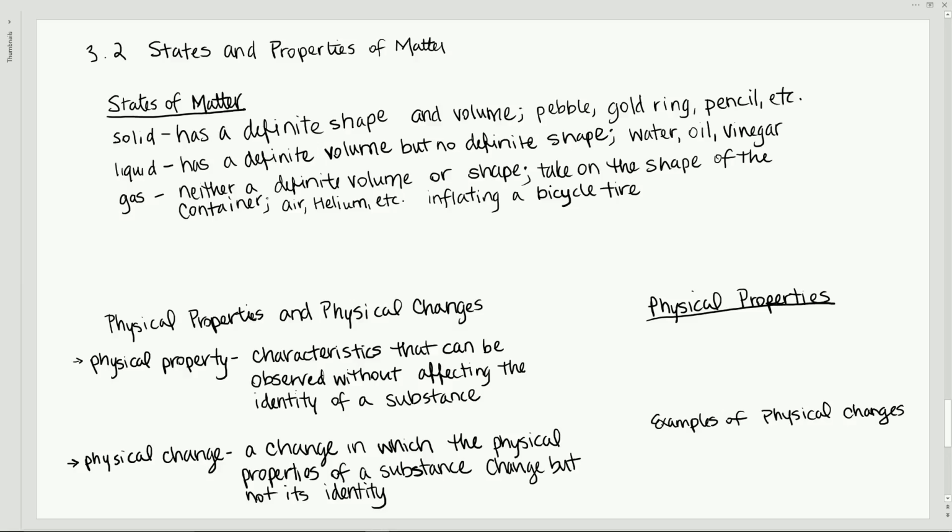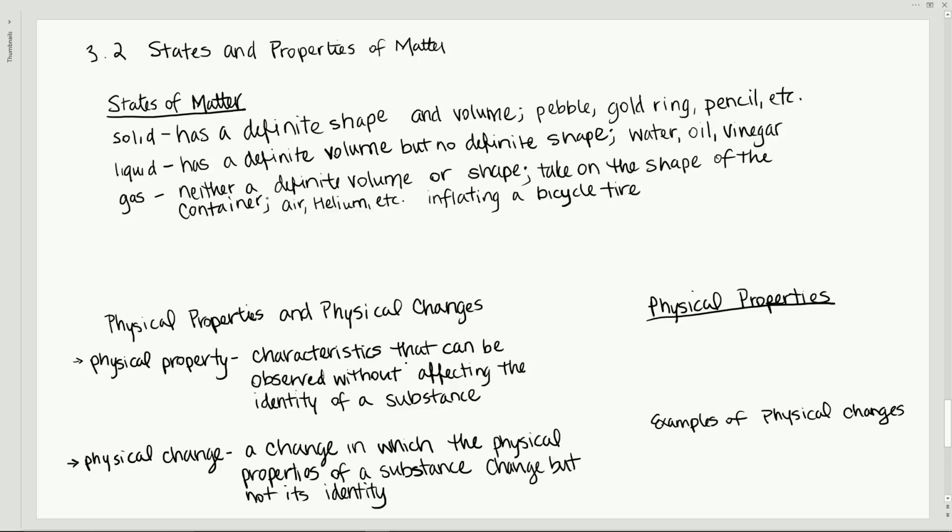So the next part of this section talks about the differences between physical properties and physical changes and chemical properties and chemical changes. So first we're going to focus on physical properties and physical changes. A physical property is a characteristic that can be observed without affecting the identity of the substance.